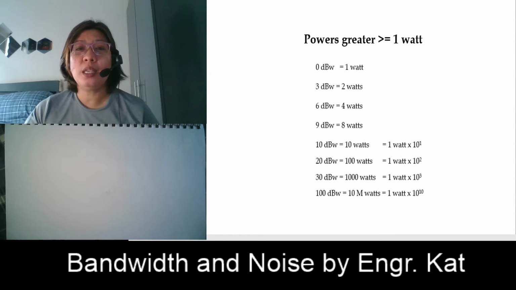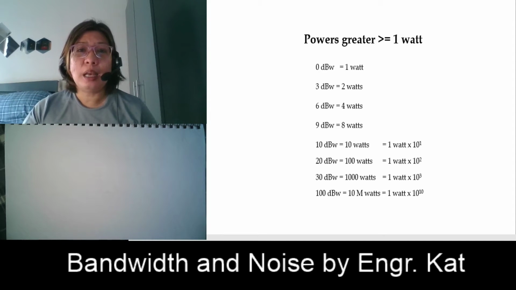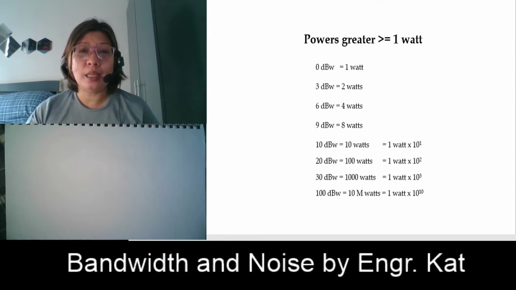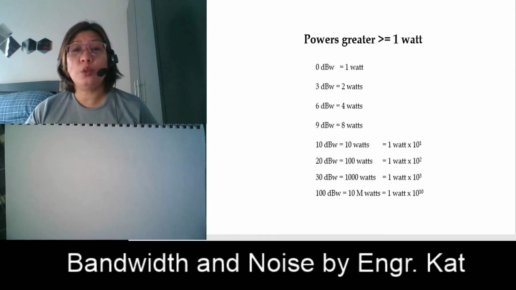In this case, if you multiply it by 10, you have an additional 10 dB. Multiply it again, so 20, so multiples of 10. So that will give you what? One additional dB power. Okay, so we have here a technique.